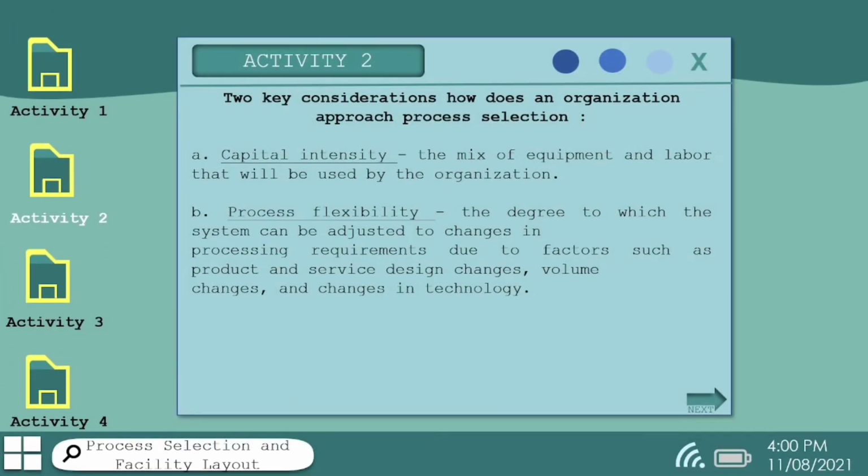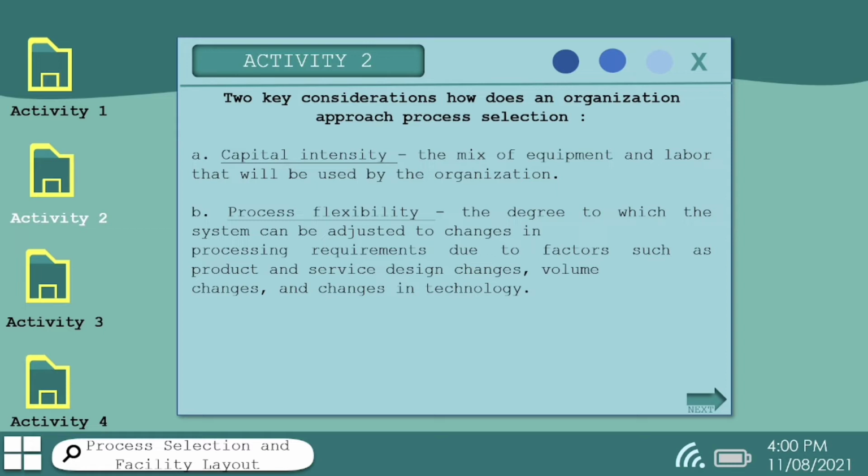wherein how does an organization approach process selection? So we have two key considerations. It includes the capital intensity and process flexibility. Capital intensity is the mix of equipment and labor that will be used by the organization. So those plan on how we are going to produce goods and services, we should also highlight the labor and equipment used for the operation of the management.